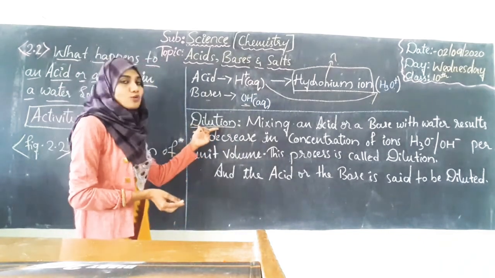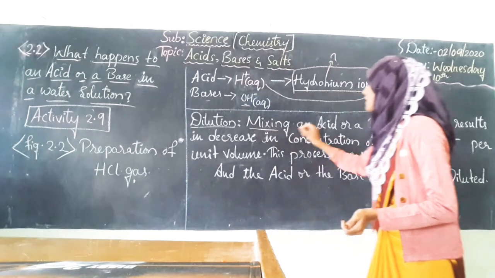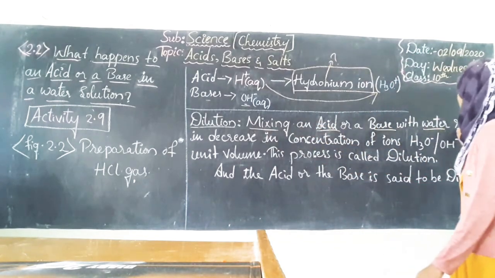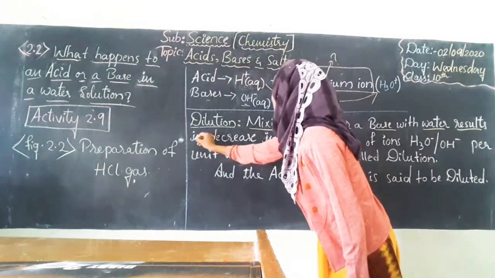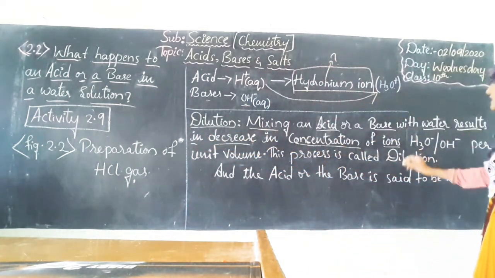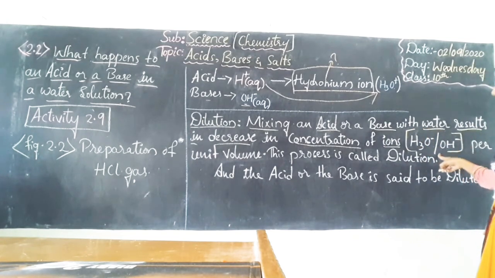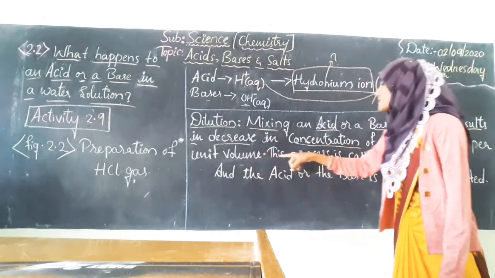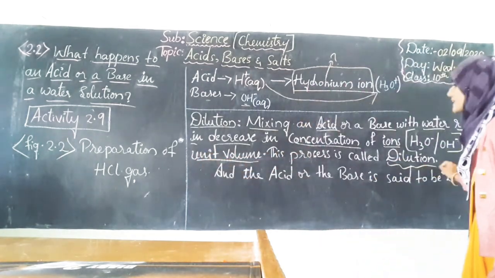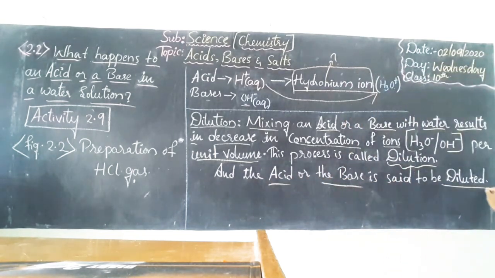Dilution: mixing an acid or a base with water results in a decrease in concentration of ions, that is either H3O+ ion or OH- ion per unit volume. This process is called dilution, and the acid or the base is said to be diluted.